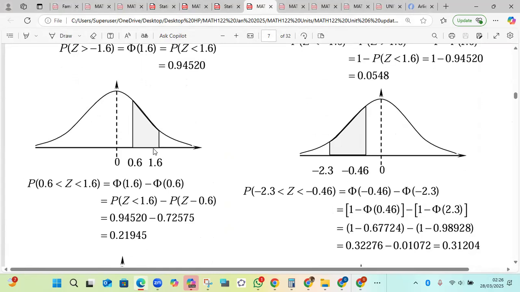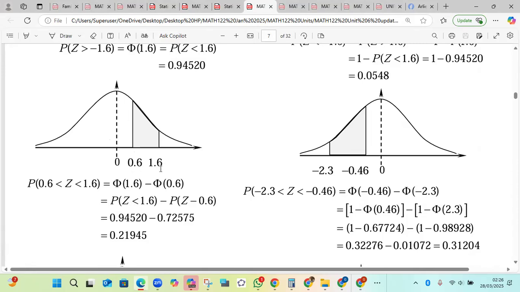We can find phi of 1.6. That means the total area from 1.6 all the way to the left. That's a value which will be greater than 0.5, which we can easily obtain from the standard normal table, and find phi of 0.6, which is from 0.6 all the way to the left.